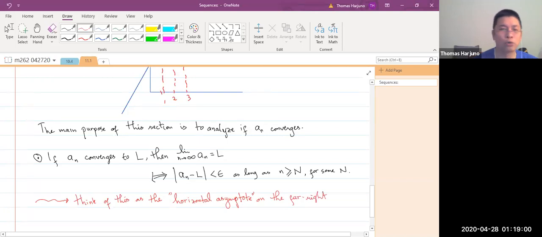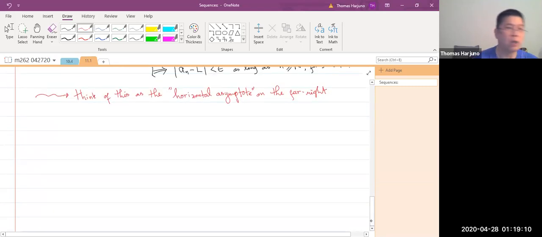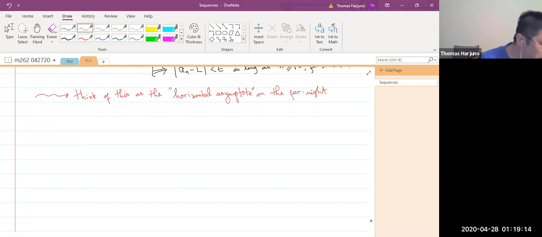As n goes to infinity, what's the value of the sequence? Does it converge to a certain number? Now, because it is defined using the condition of limit, the way we do this mostly will be in terms of limit.